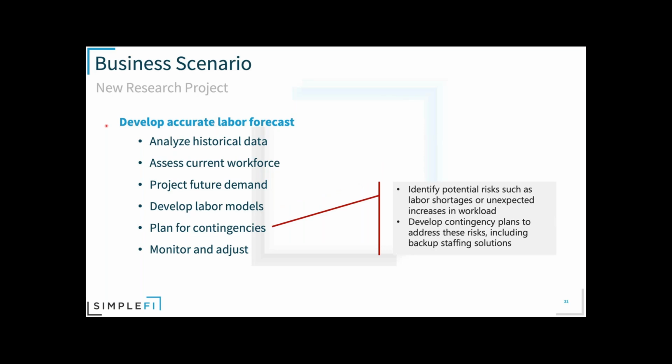We also want to plan for contingencies. Who has ever worked for a project that went exactly as planned? I'm assuming very few of us have, and there's probably no one on the call here that's raising their hand that says they have. I guess if you have been on a perfectly executed project, maybe we should talk.